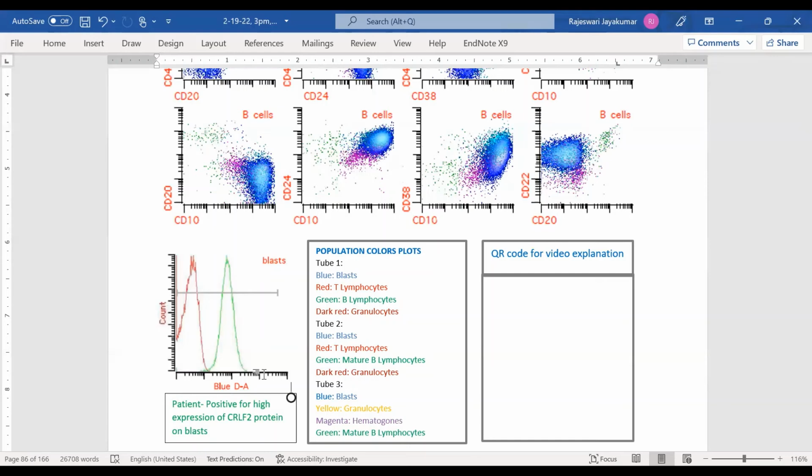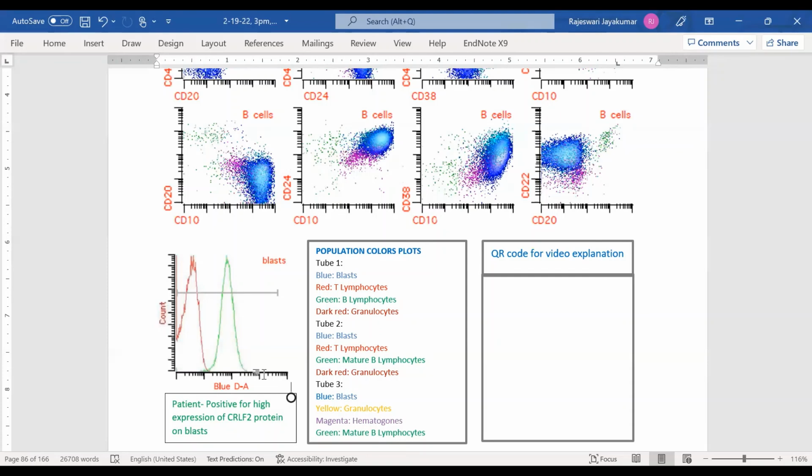So if we see CRLF2 expression by flow, the clinicians can order FISH for CRLF2 if they want, and they can order the JAK mutation studies. And if that is positive, they can add on the treatment for JAK inhibitors, especially ruxolitinib. They often see that these patients are resistant to conventional chemotherapy, and adding these alternate tyrosine kinase inhibitors is helpful in treating these patients.